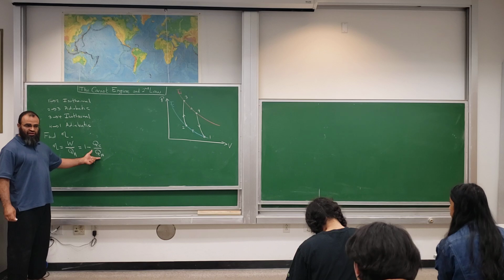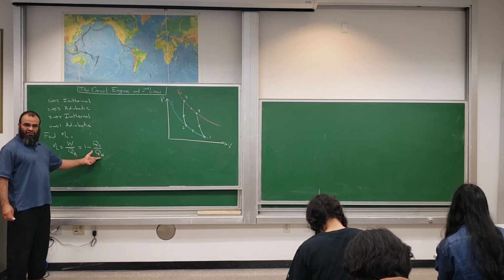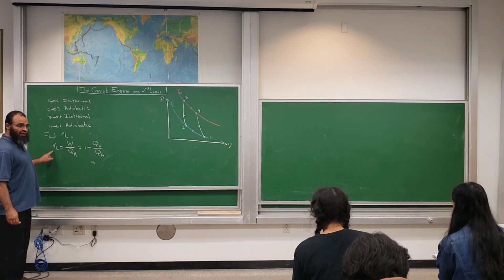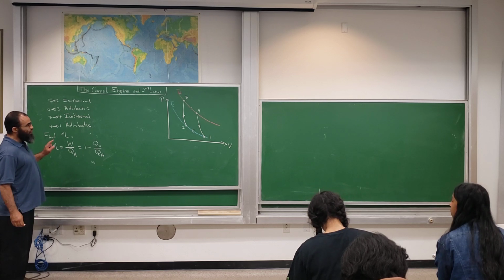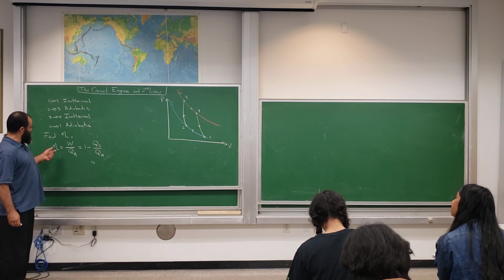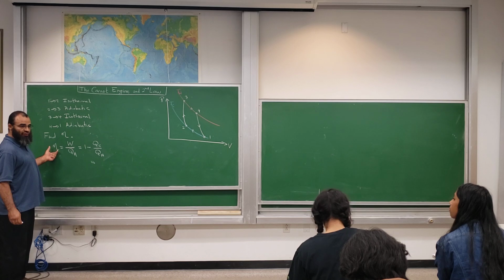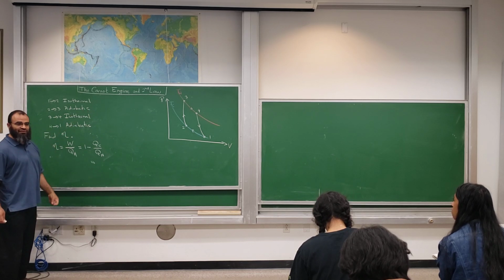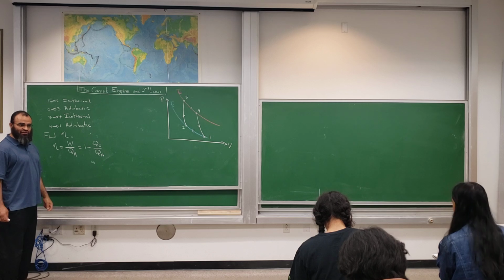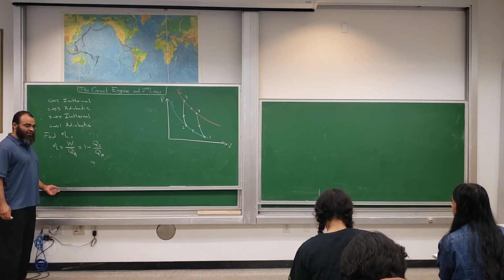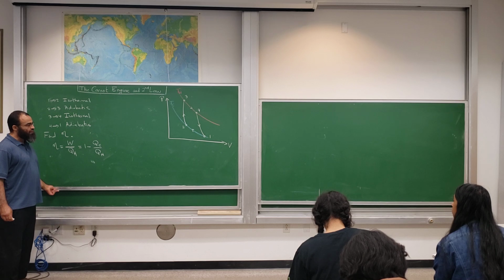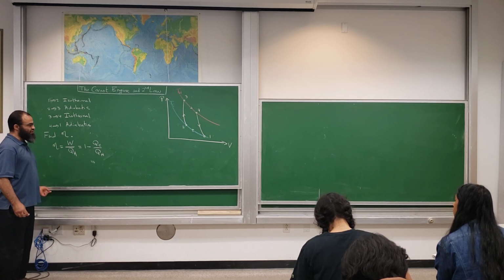And QH is the heat that enters the system. So we want to find this eta, and we'd like to write it in terms of TC and TH. How can we write the efficiency in terms of TC and TH? This should provide us with good review of all the processes we have been doing.